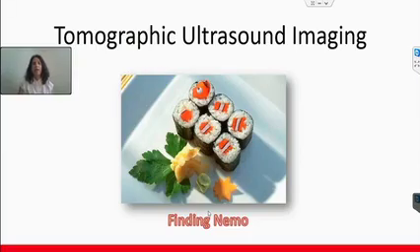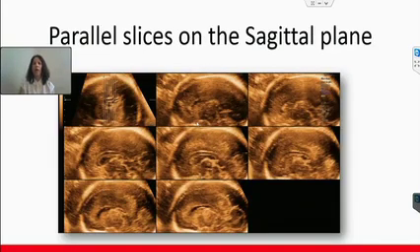Now the next thing is the tomographic ultrasound imaging. We look at the 2D images till now as perpendicular to each other, but we can also look at the images as parallel to each other. And like you can see here in this sushi of Nemo, here you can see parallel slices of the sagittal plane of the brain.